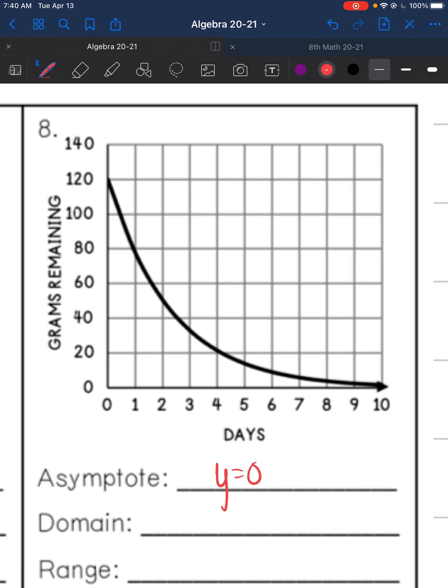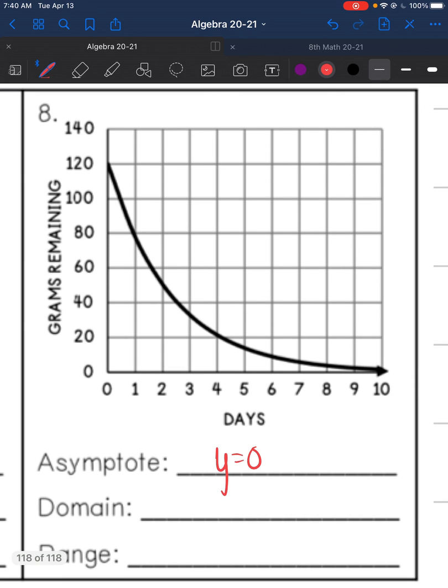So once again, y equals 0. And with it only being positive, and we have a starting point, but our arrow continues on forever. So it's not going to have 2 signs. We're just going to have 1. But x is greater than or equal to, so when you have domain problems on our independent activities, I do talk about that. I understand that you can't put in those signs, so you're still just putting in the right direction.